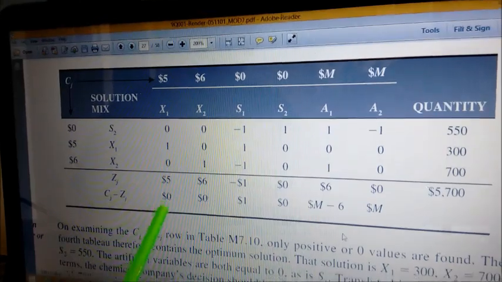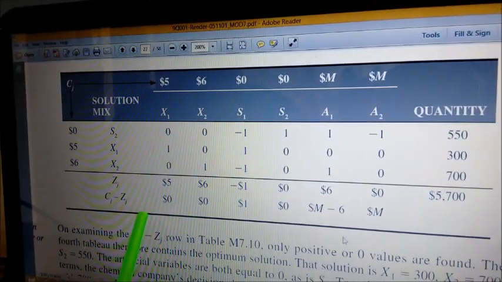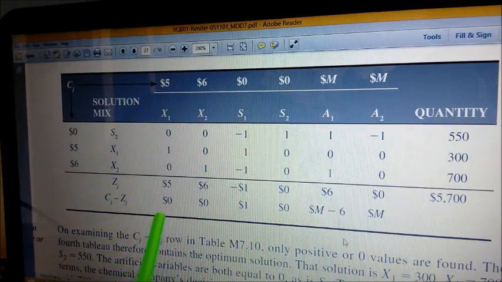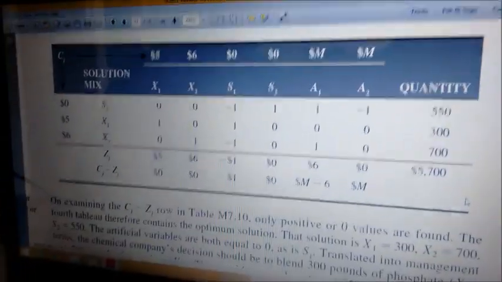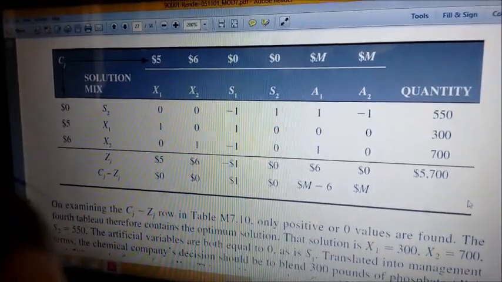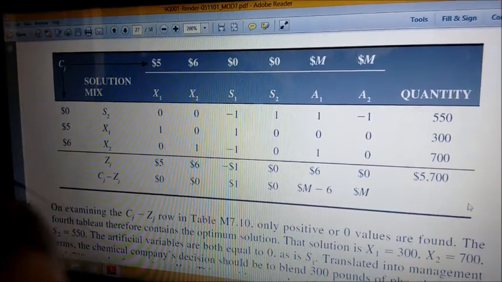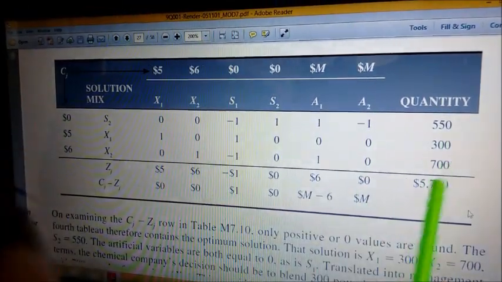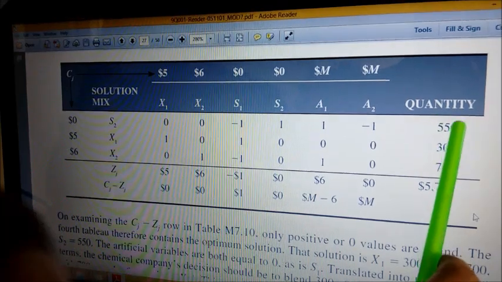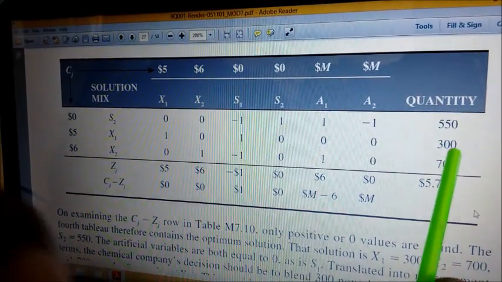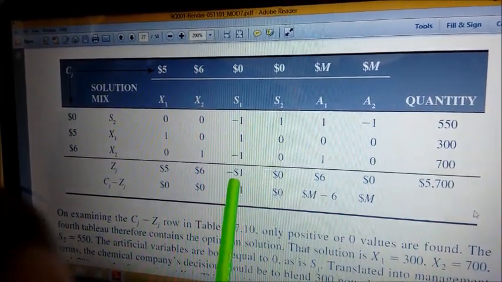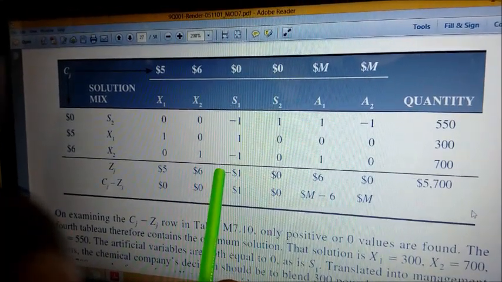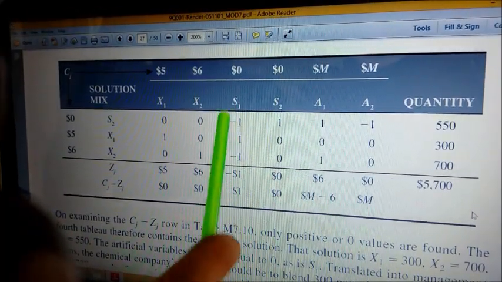Now in this table, if we have to do sensitivity analysis, one thing you should know: in this final simplex table, just looking at the table, besides our z value and the optimal values of x1, x2 and s2, for the first constraint, the variable we added was S1.